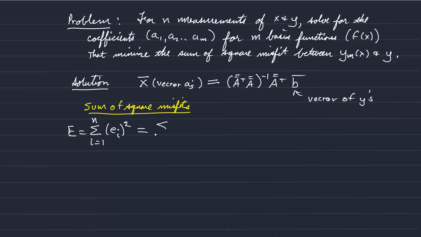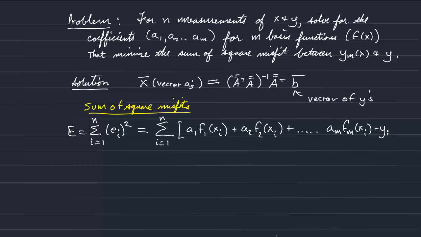And we can write that out using our equation for our general regression as the first coefficient times the first function evaluated at each measured value of x, plus the second coefficient times the second function evaluated at point xi, summed all the way to the last coefficient times the last basis function evaluated at point xi, and then we have to subtract our measured values of y and square it.